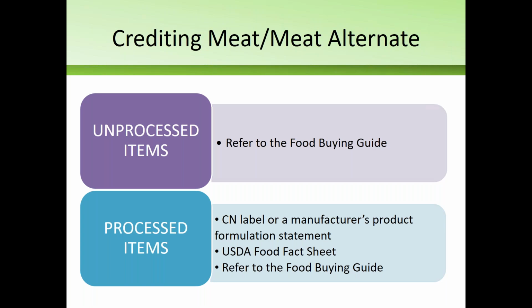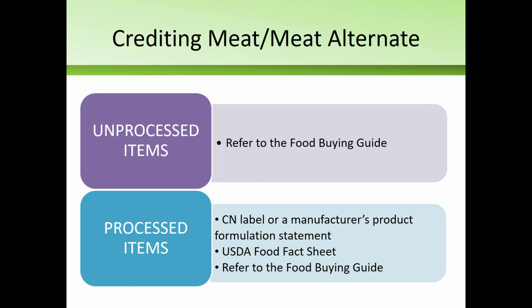When crediting meat alternate, first ask if your product is a processed or unprocessed product. Unprocessed items include ground beef, chicken breast, or cheese. You will use the food buying guide to determine the cooked, edible yield of the product. If it's a processed item such as chicken nuggets, sausage, or deli meat, it contains additional ingredients such as breading and fillers.